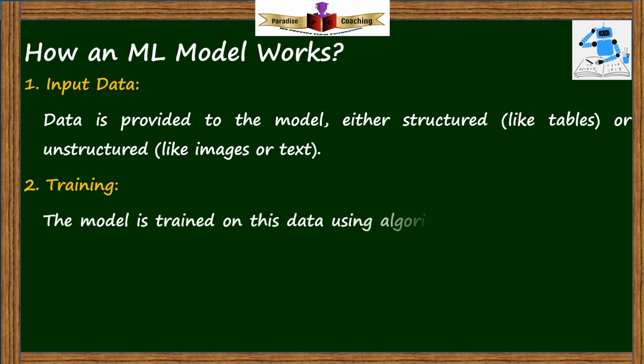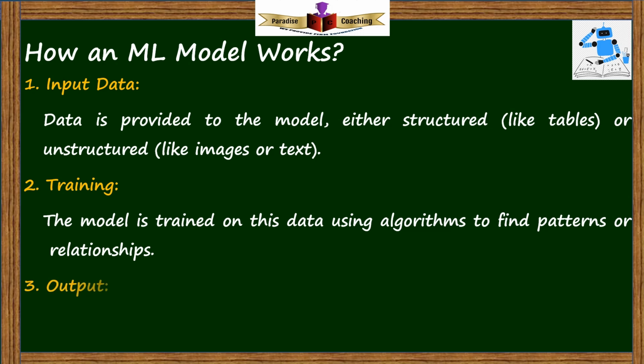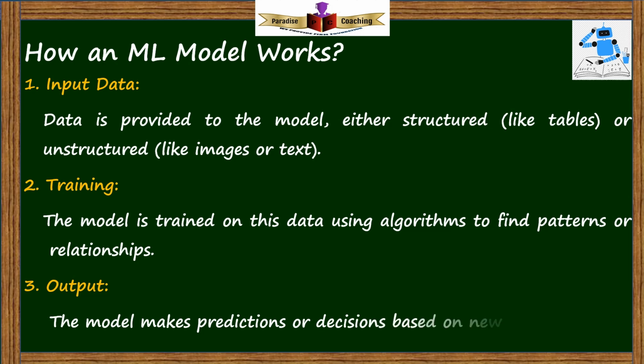The model is trained on this data using algorithms to find patterns or relationships. Three, output. The model makes predictions or decisions based on new, unseen data.